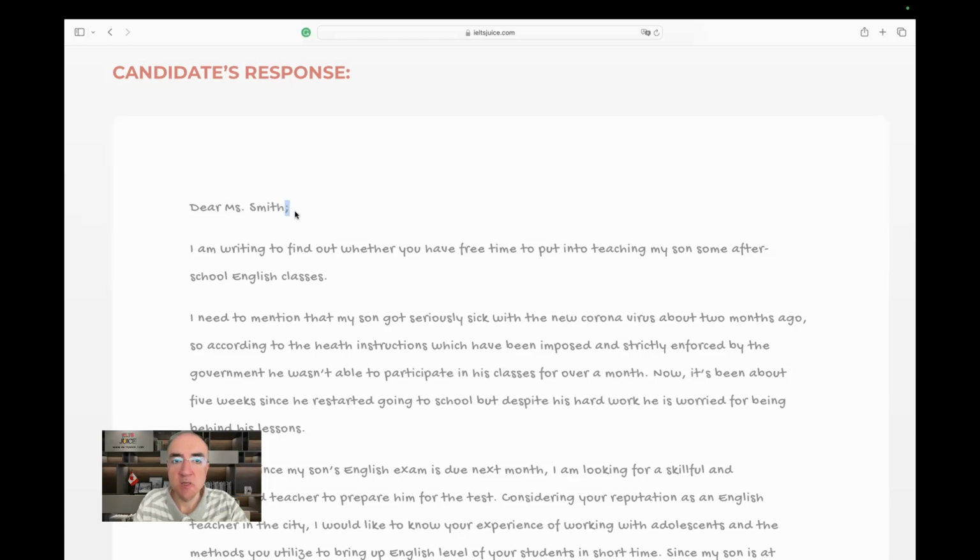We don't use semicolons here. You either put a comma or nothing. Again, in some British text, it's preferable to put a comma. In some American letters, it's no big deal. You can just leave it as it is, and you don't need any punctuation marks.